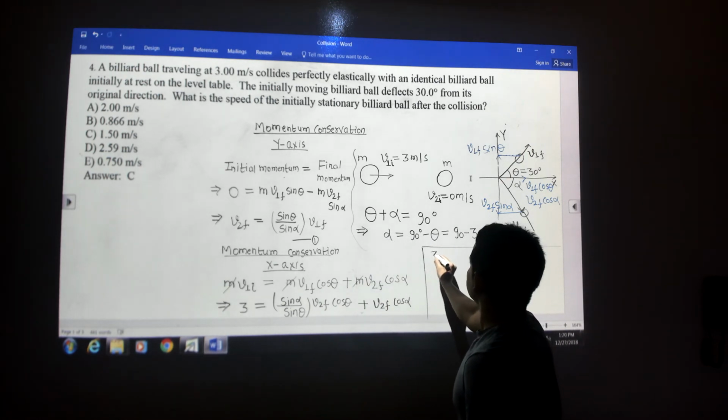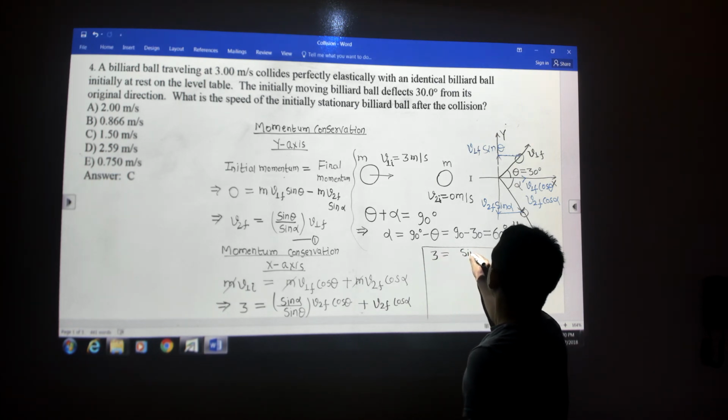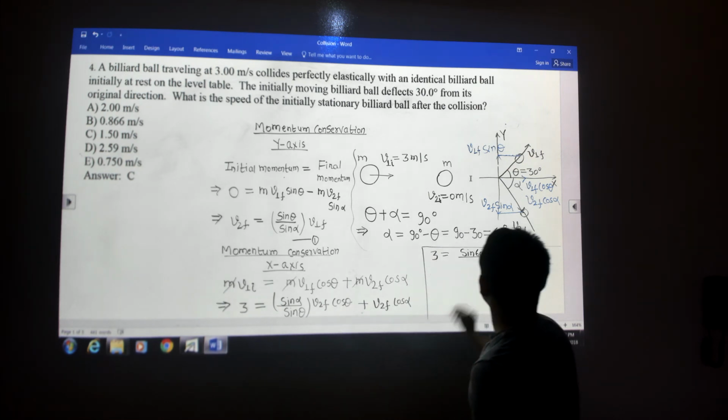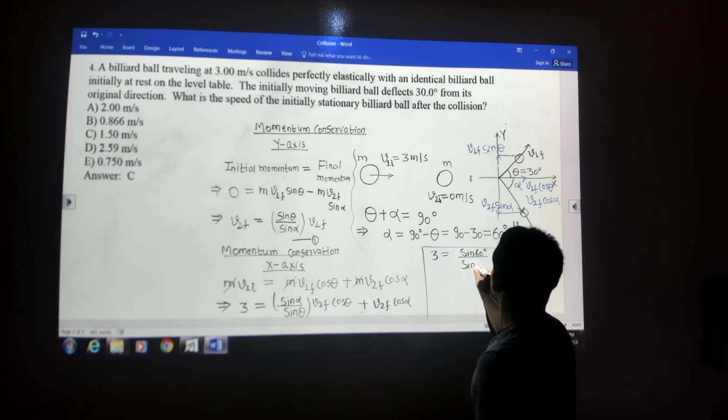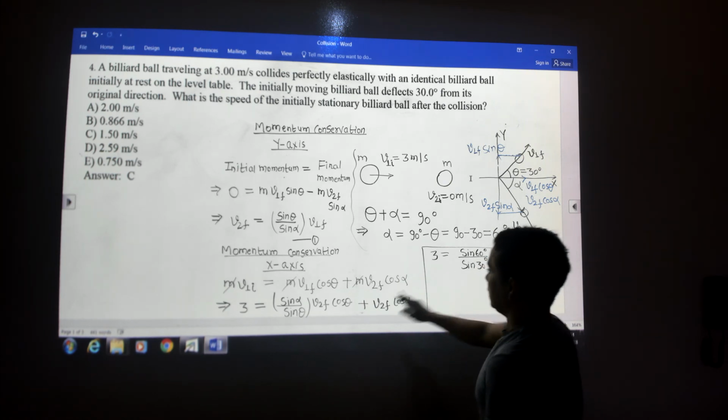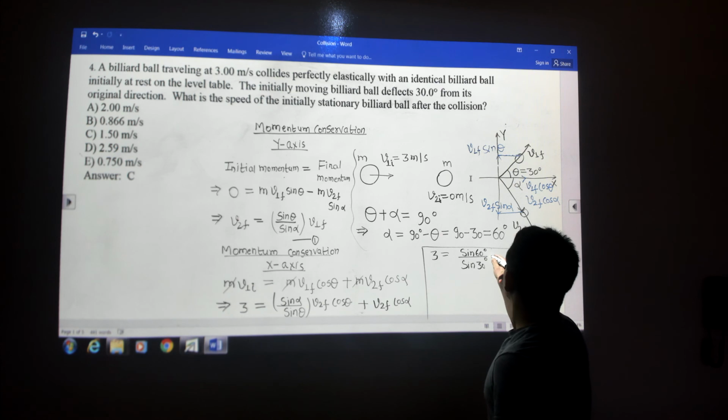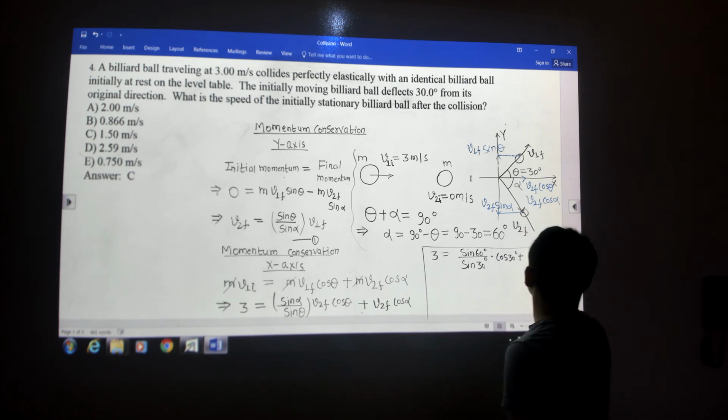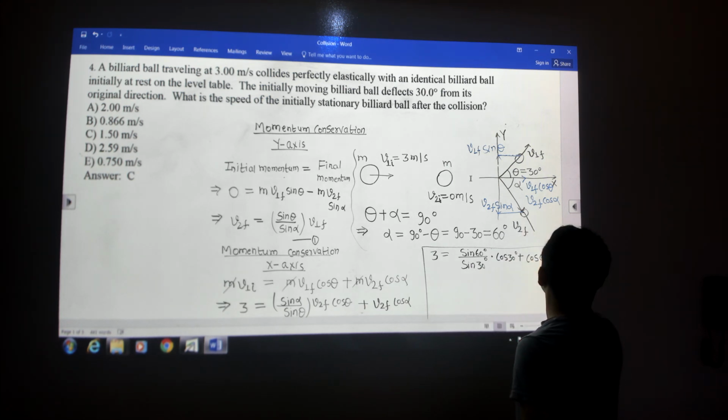3 equals sine 60 degrees over sine 30 degrees, times cosine 30 degrees, plus cosine 60 degrees, all times V2F.